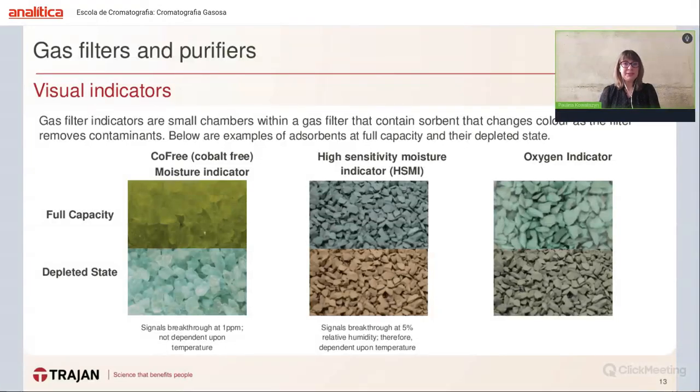In the middle, we've got the high sensitivity moisture indicator, and on the right, we do have the oxygen indicator. So at the top, again, when the filter is good to use, at the bottom, when it needs replacing. So we can clearly see different colors, and on our indicator we will observe the gradual change of the color, so we will know when our filter needs changing.